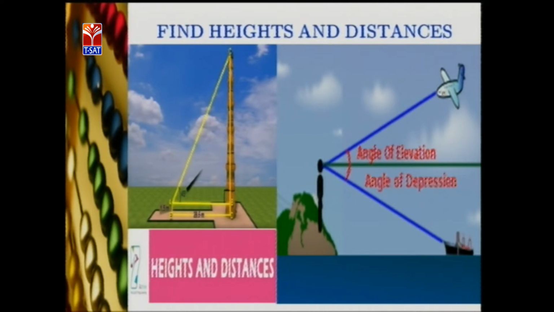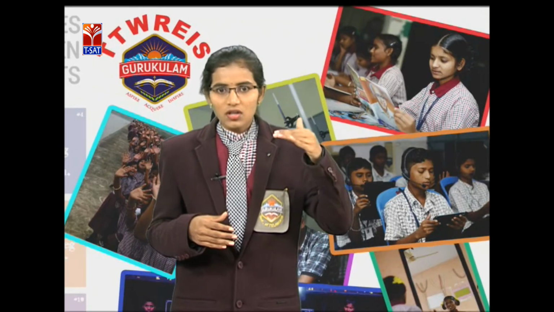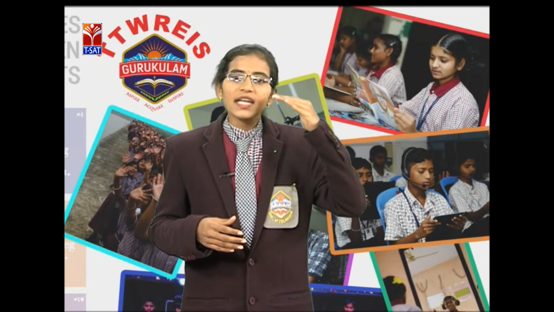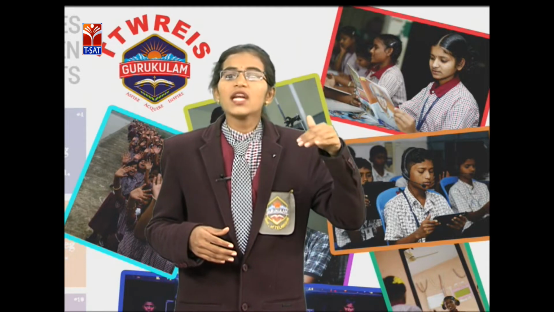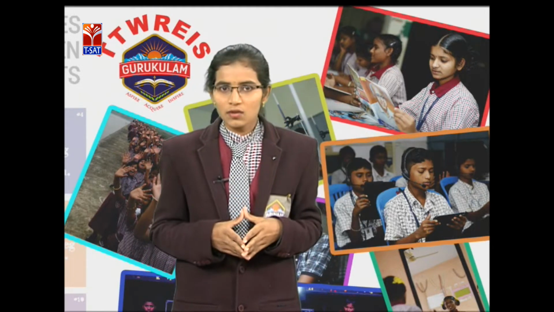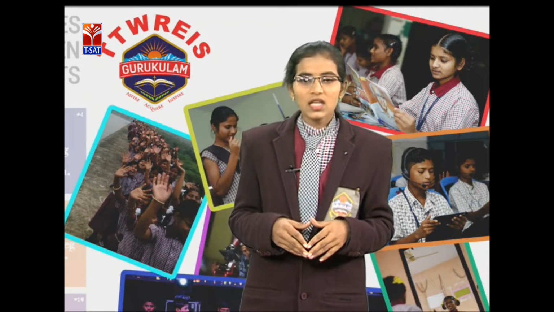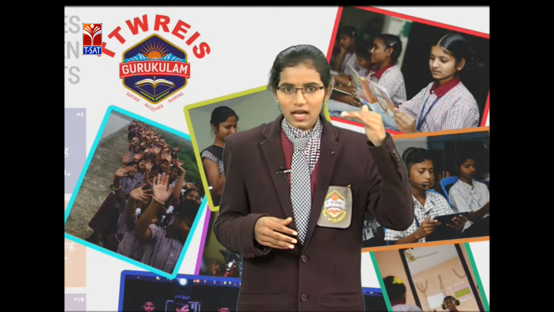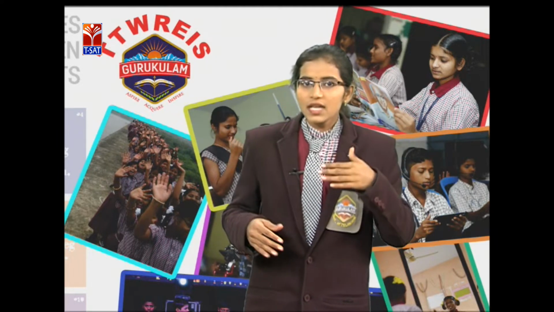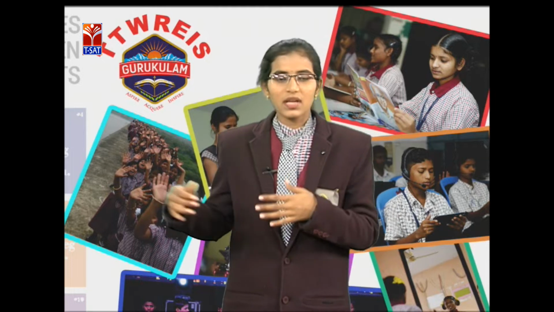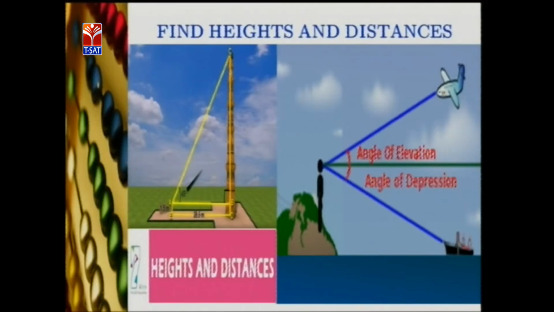The angle made with the horizontal through his eyesight, when he raises his eye position upwards to look towards the aeroplane, is known as the angle of elevation. And the angle made with the horizontal, when the person lowers his eye position towards the ship, is known as the angle of depression. I think you have understood what the angle of elevation and the angle of depression are.